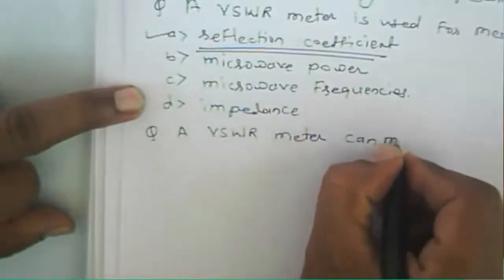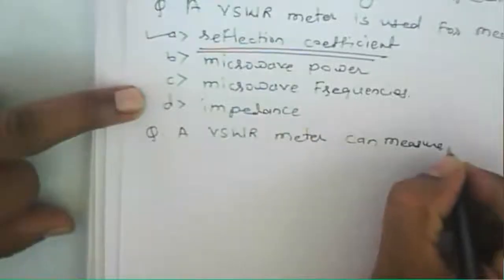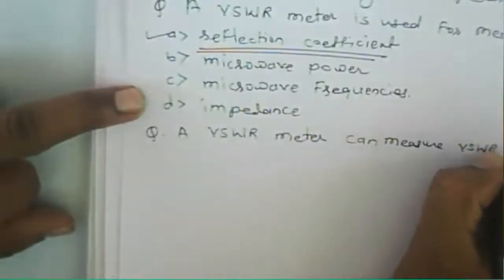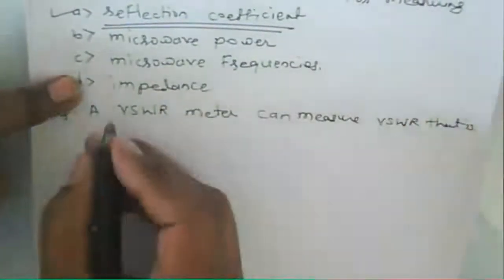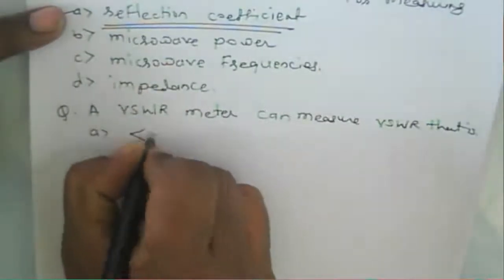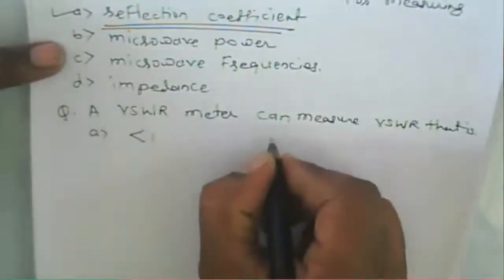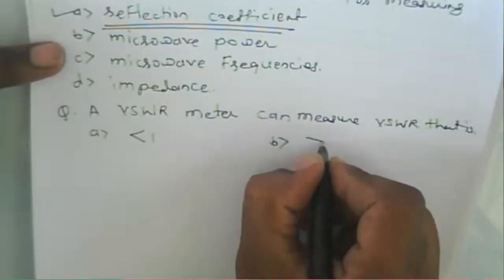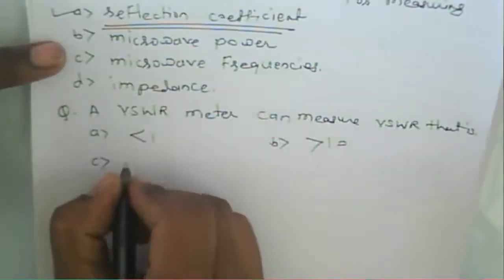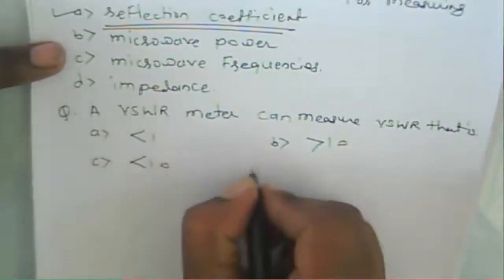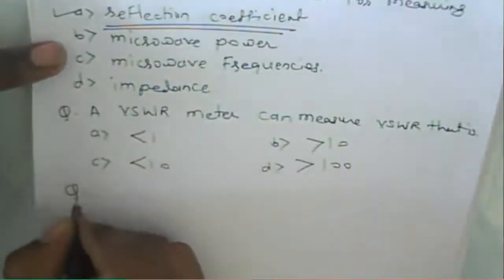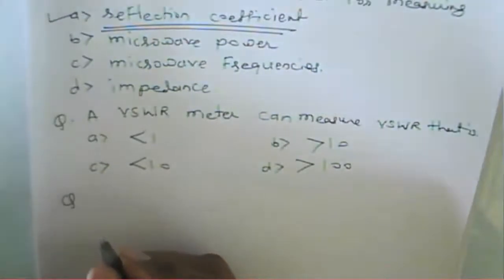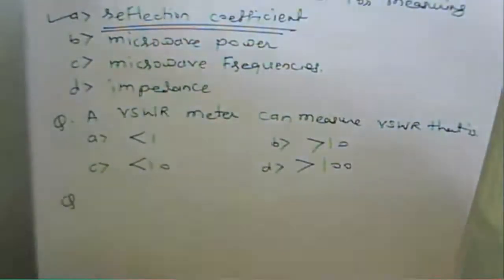Then, a VSWR meter can measure VSWR that is: A, less than 1; B, greater than 10; C, less than 10; and D, greater than 100.